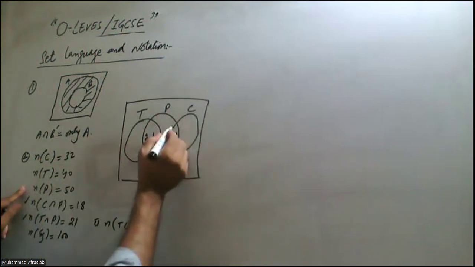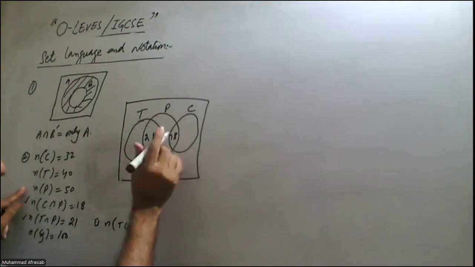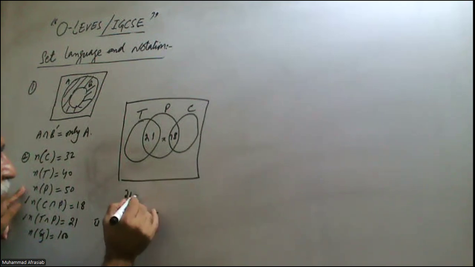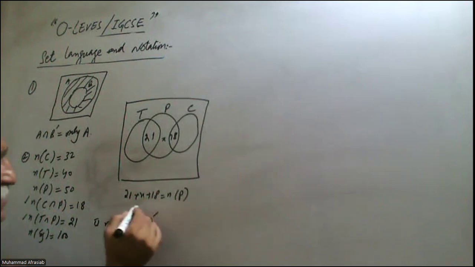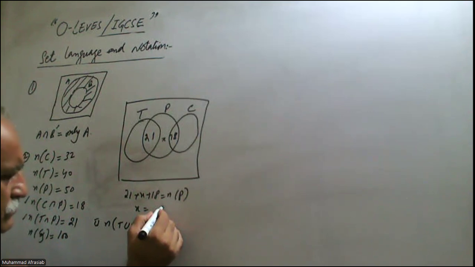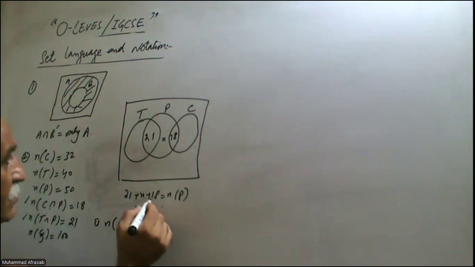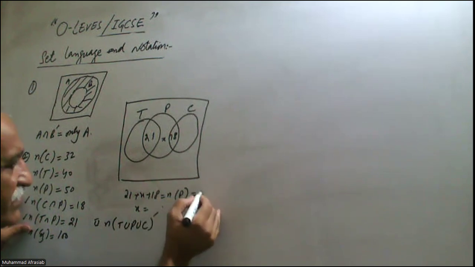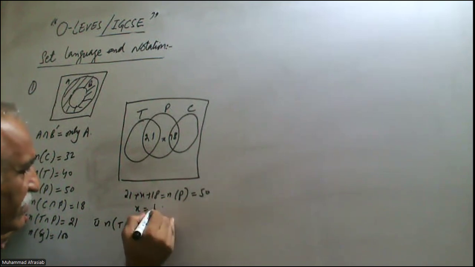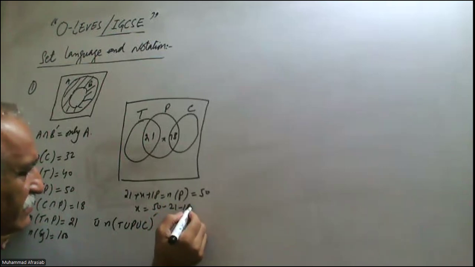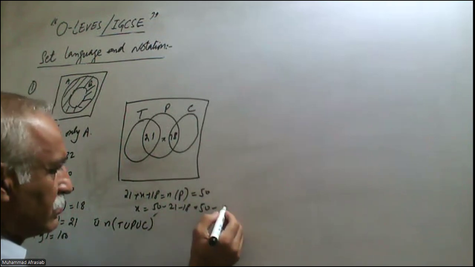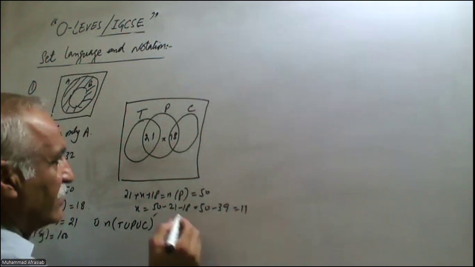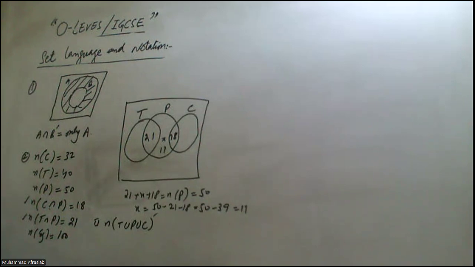That means this 21 plus 18 plus this X. So 21 plus X plus 18 is equal to N of P. So X should be equal to 50 minus 21 minus 18, or 50 minus 39, which is equal to 11. So this is 11 there for P only.